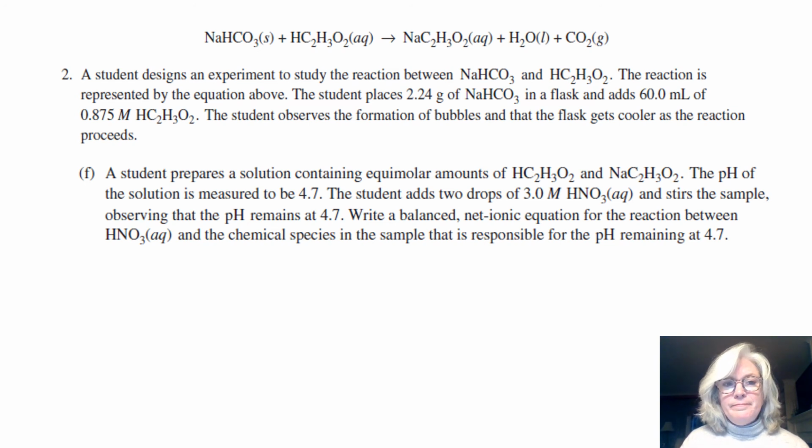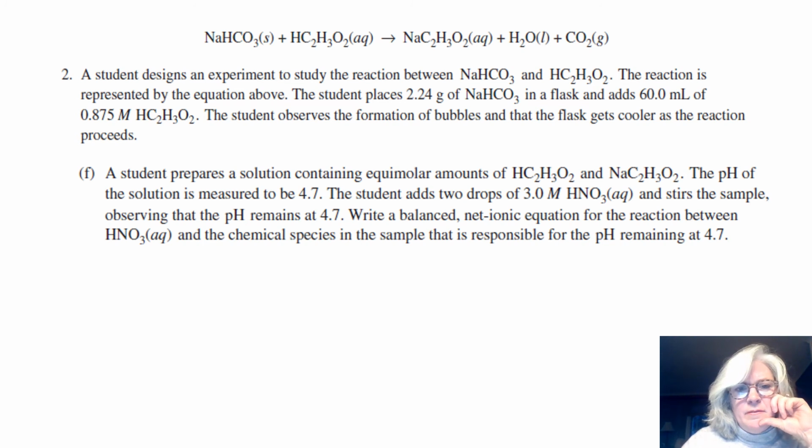Okay, I think this is the last part of the problem. But we've got here they're saying a student prepares a solution with equal amounts of my acid and my basic salt. I've got a buffer.